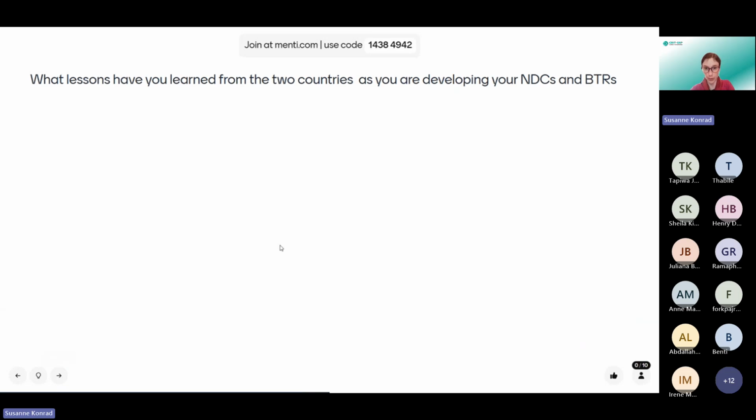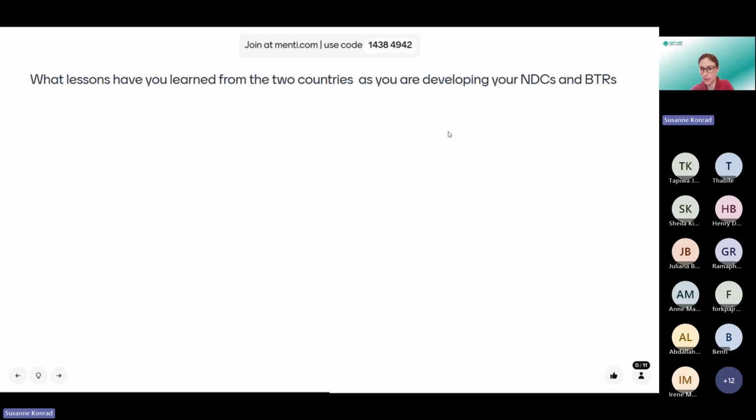What lessons have you learned from the 2 countries as you are developing your NDCs and BTRs? So we just wanted to hear what kind of learnings you have from the country experience sharing today, and also a big thanks again to you, Jana, and to the Zimbabwe colleagues for sharing their experience today. This is really highly appreciated.